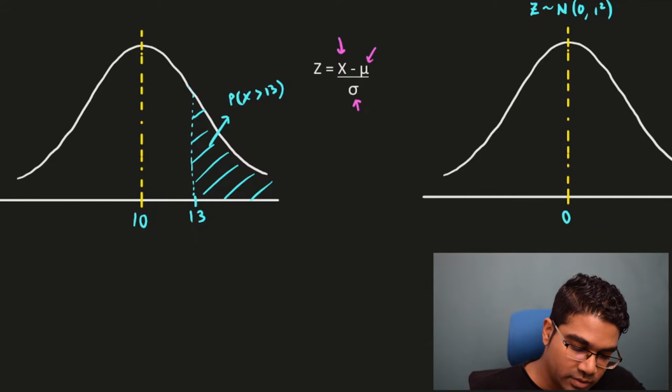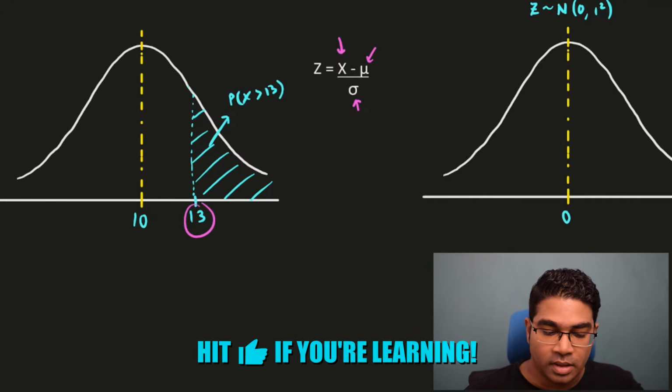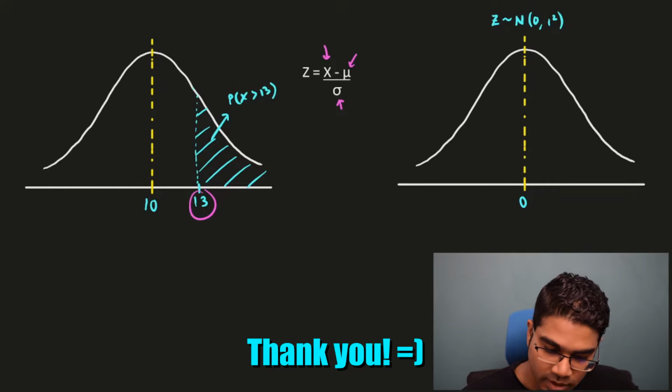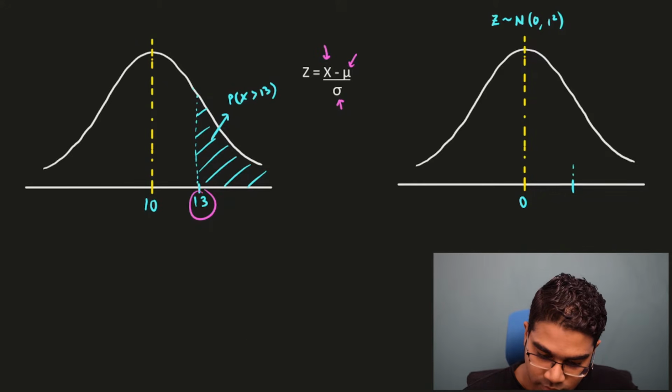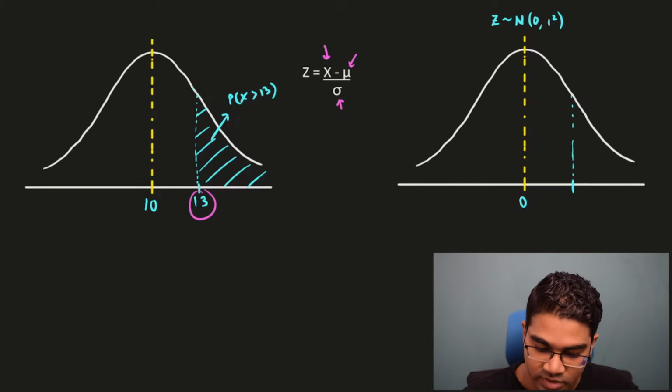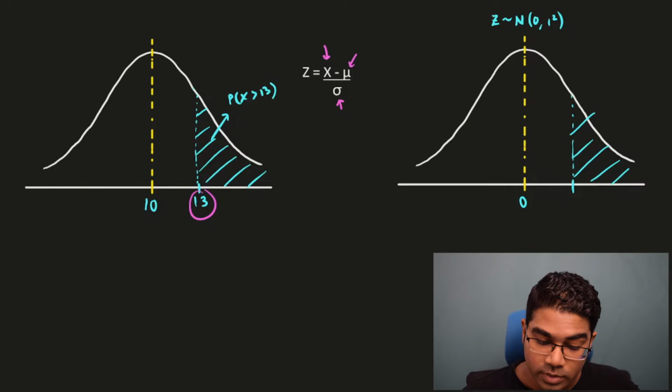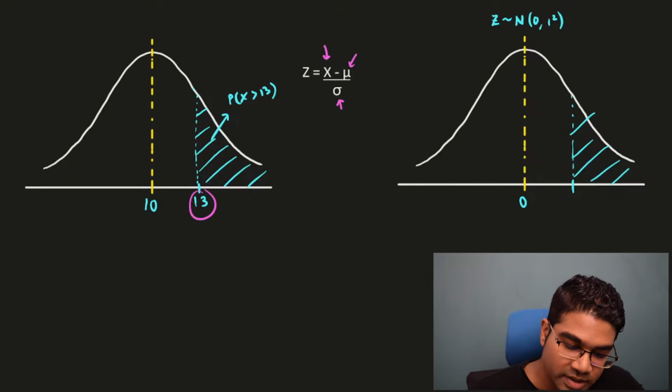Let's take this value 13 as an example. When we convert it to standard normal distribution, we would have the value somewhere here around the same region, and we would be looking for this area as well. But this value would now be a Z score. Let's find the Z score.